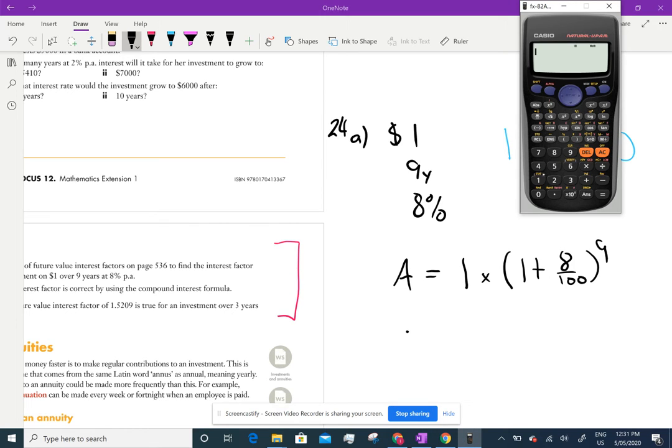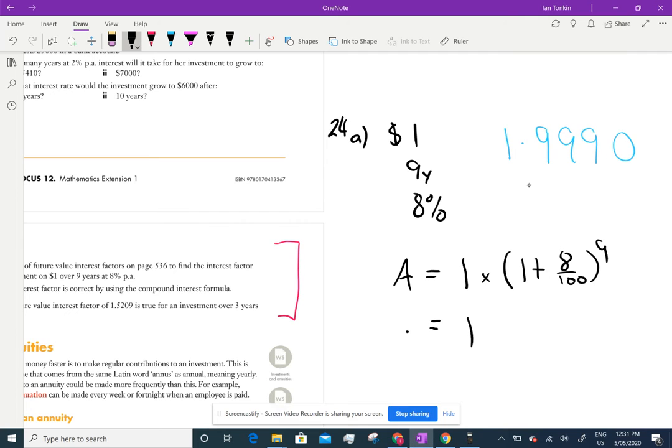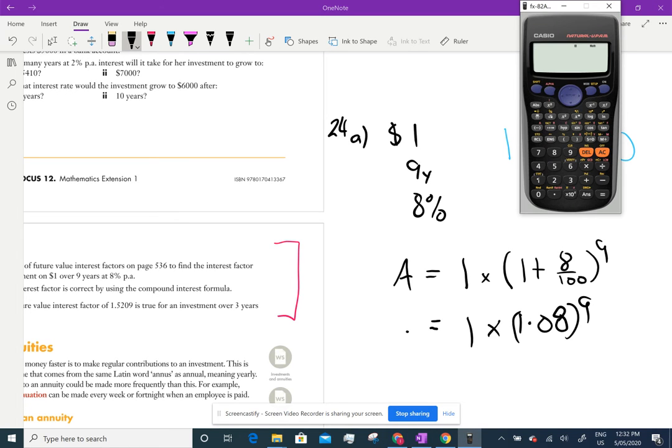So I'm going to write this as 1 times 1.08 to the power of 9.